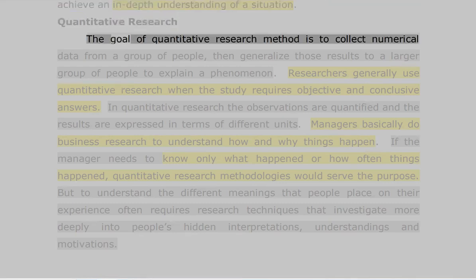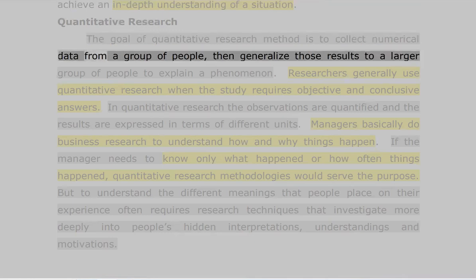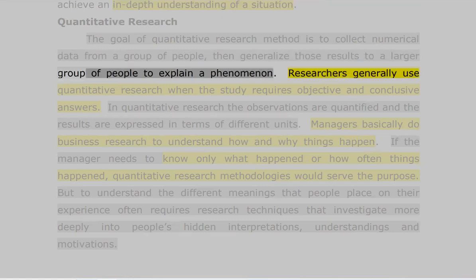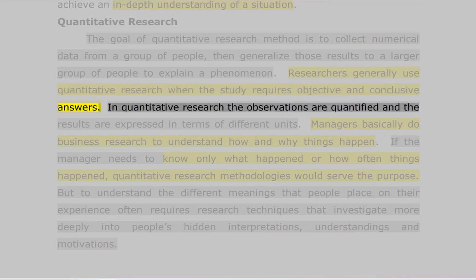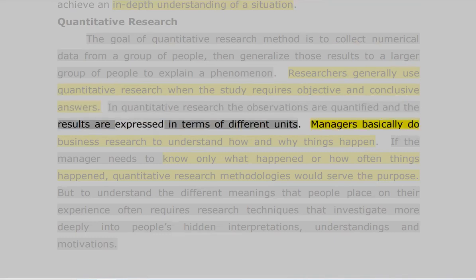Quantitative research. The goal of quantitative research method is to collect numerical data from a group of people, then generalize those results to a larger group of people to explain a phenomenon. Researchers generally use quantitative research when the study requires objective and conclusive answers. In quantitative research, the observations are quantified and the results are expressed in terms of different units.